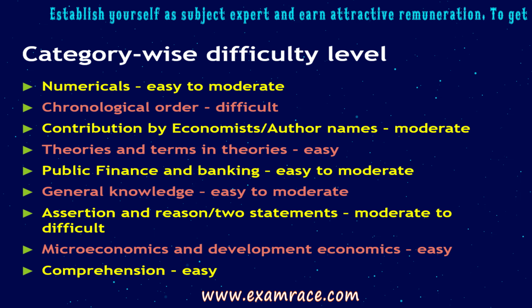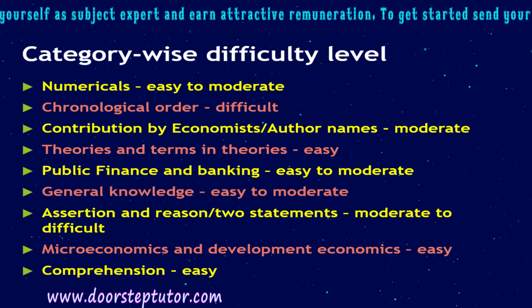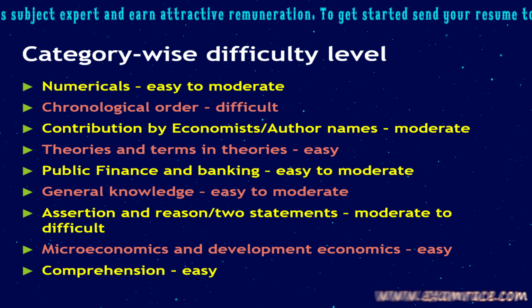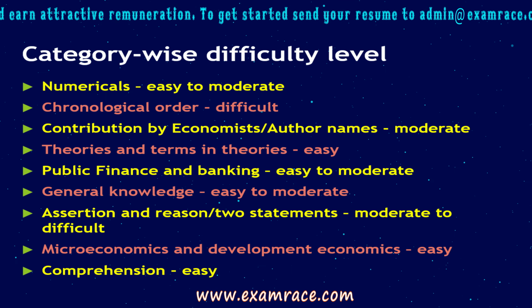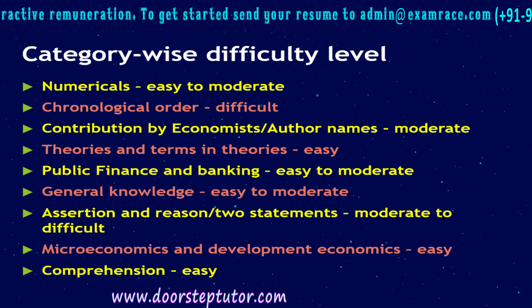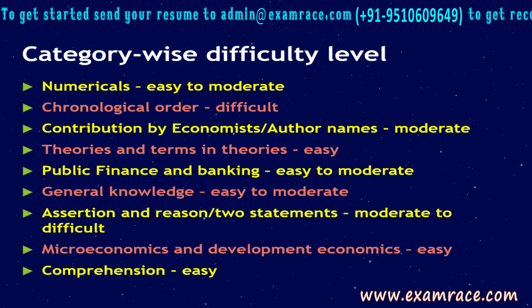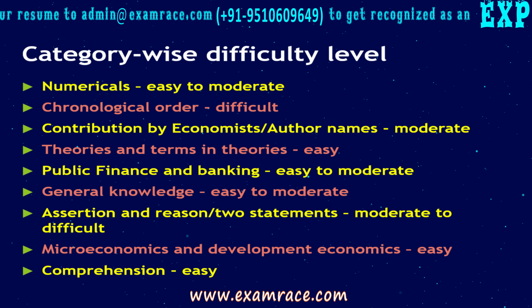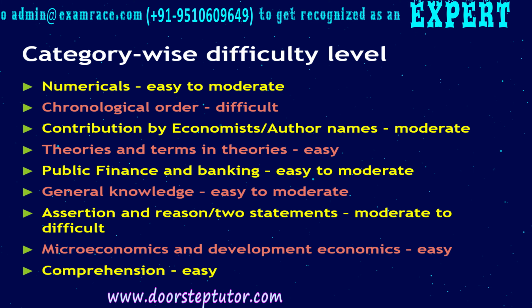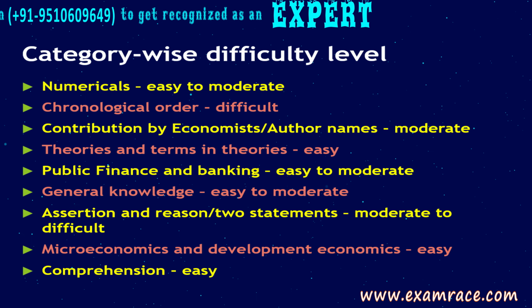So matrix can also be asked, and inverse of matrix can also be asked to be calculated. So numericals were easy to moderate. They were not very difficult. If your concepts are clear, if you have basic knowledge about all of the economic subjects, then you can easily attempt these. Next is chronological order.